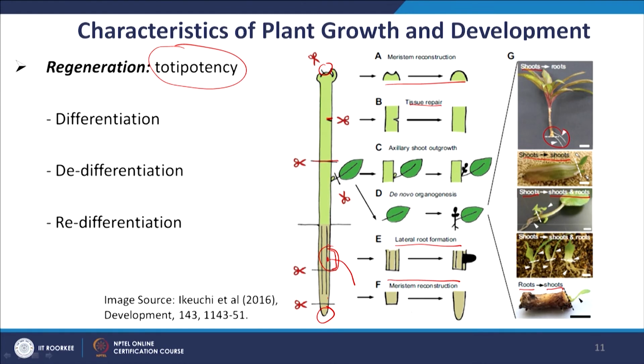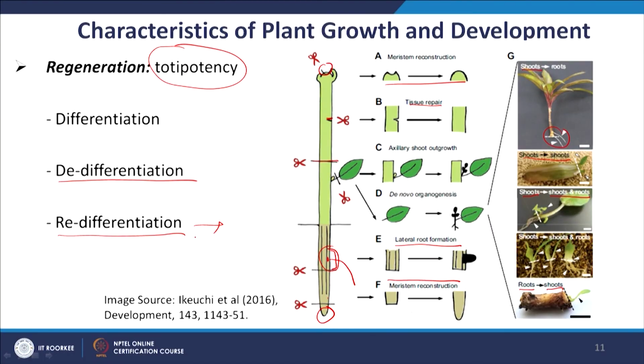At the apex, the meristems are specified as meristem and remain meristem, undergoing only cell division. But here, fully differentiated cells undergo de-differentiation, losing their existing identity and acquiring a new identity, first the meristematic identity, and then later they undergo a totally new differentiation program, and now they make a new organ or new tissue.